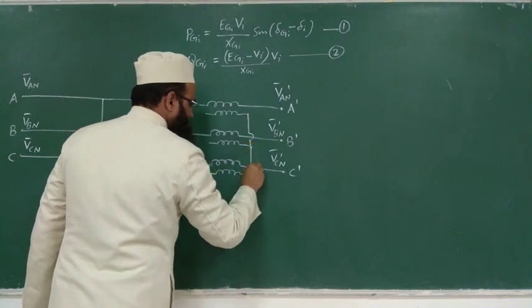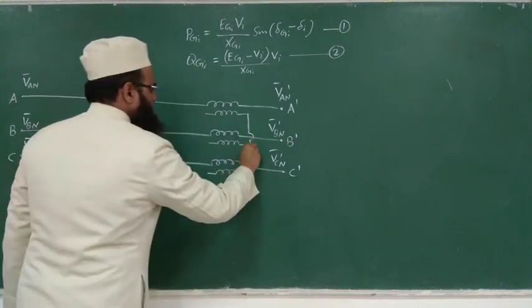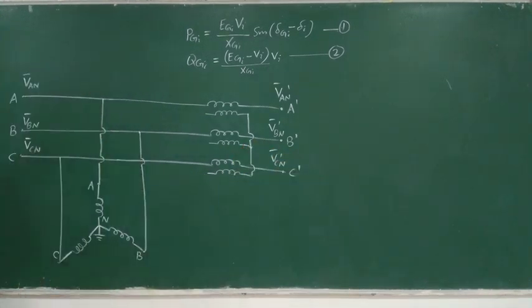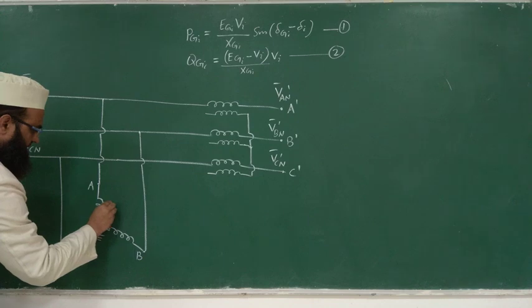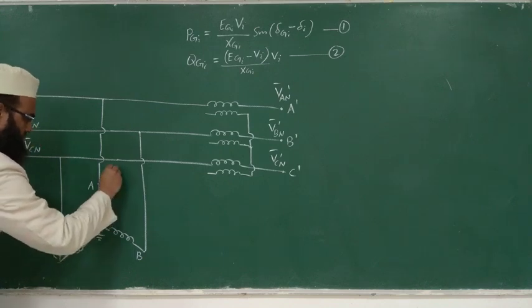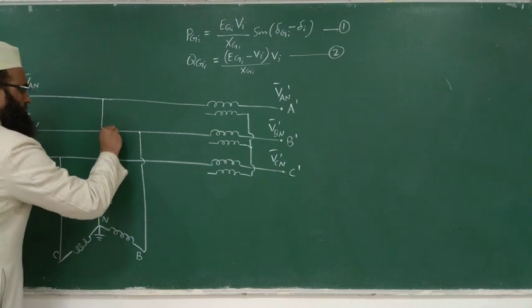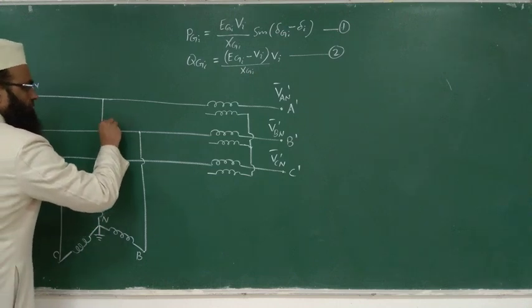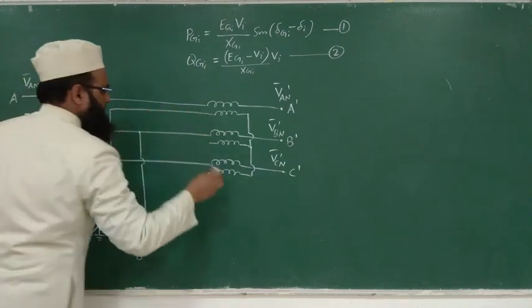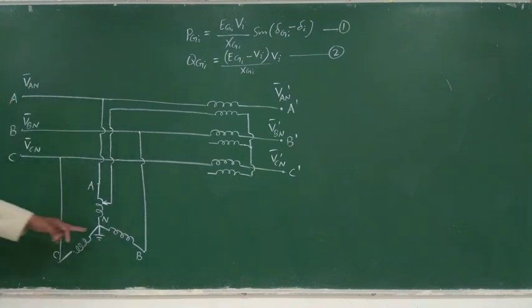These are star connected windings. Back here N, star connected. And this is A, so connect this with A. This is A. This is B. So where is B?